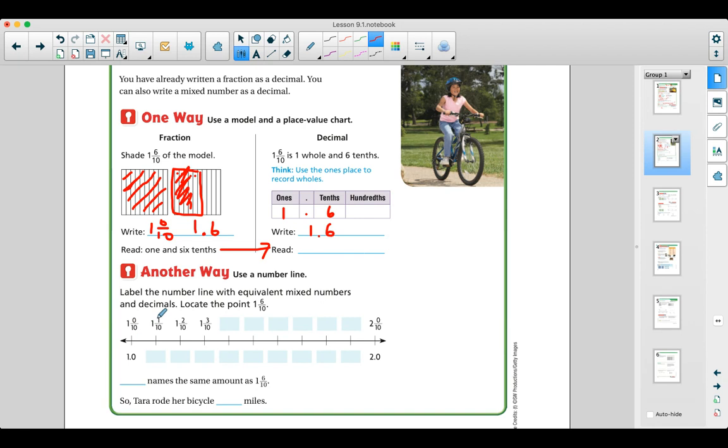Okay, this is 1 0/10, 1 1/10, 1 2/10, 1 3/10, 1 4/10, and you can go on and on. 1 5/10, 1 6/10.